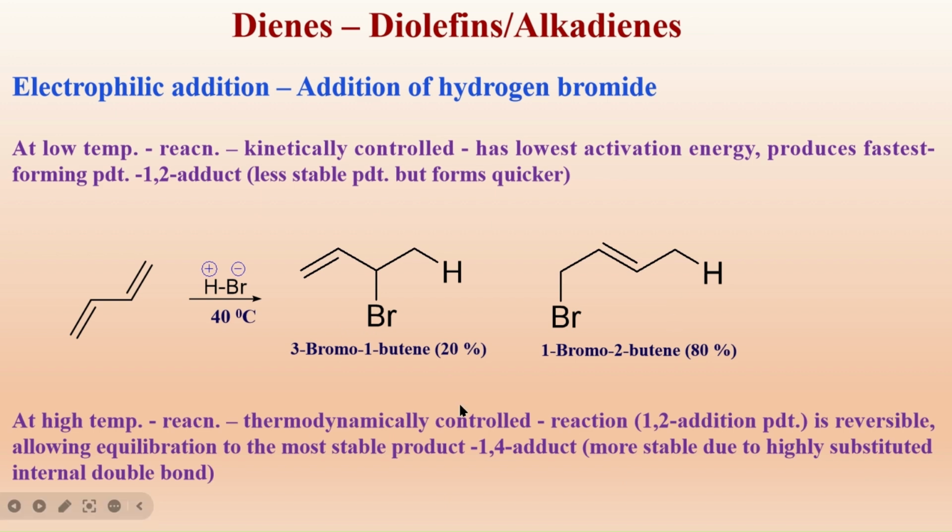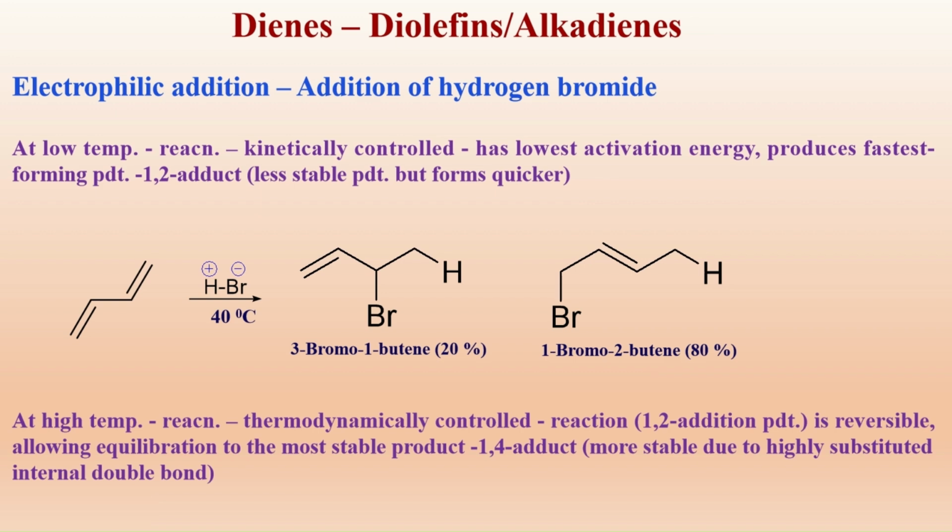As there is more dynamicity at higher temperature, the 1,4 addition product will be formed, that is, the resonance stabilized intermediate allylic carbocation is formed in more quantity, and that's why the 1,4 addition product predominates at higher temperature.